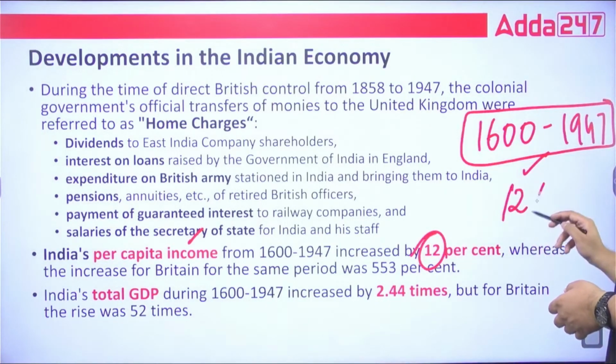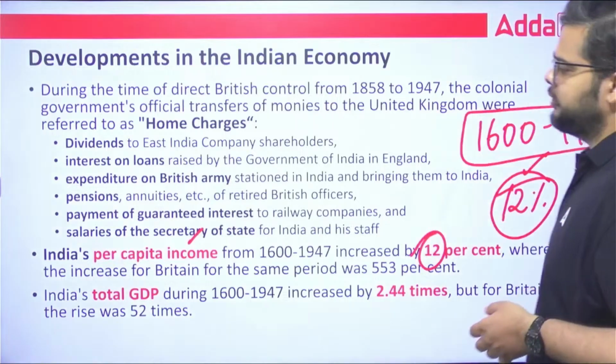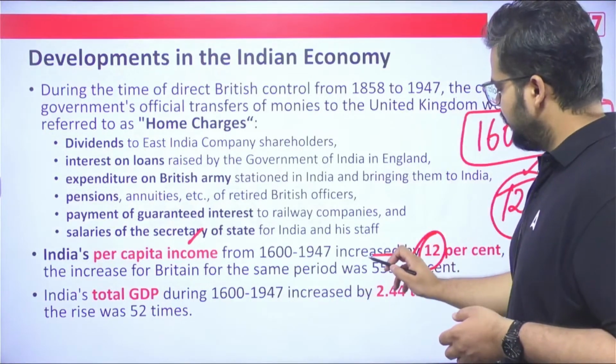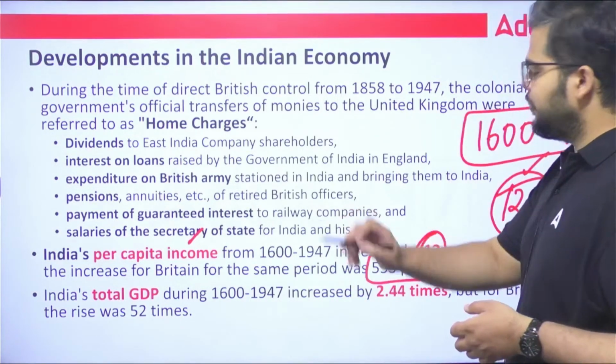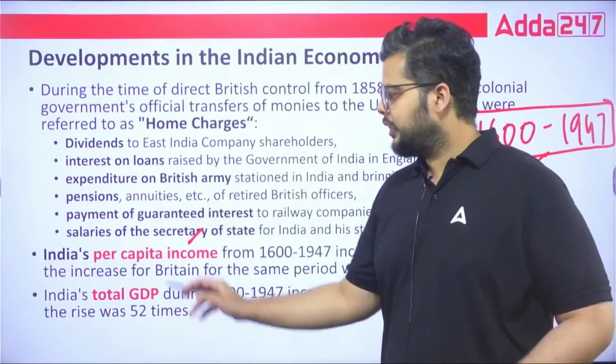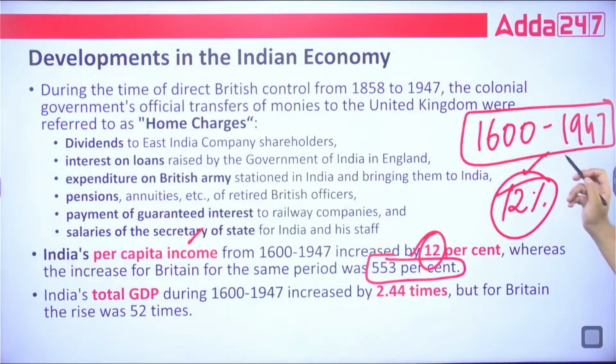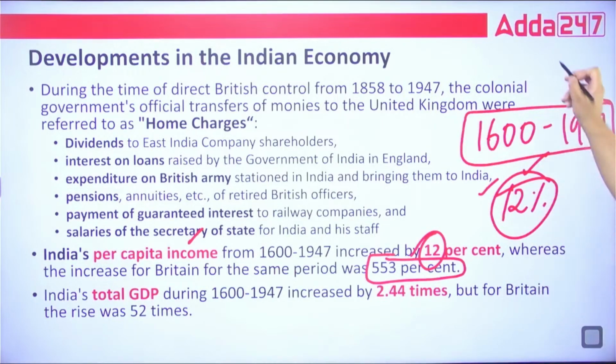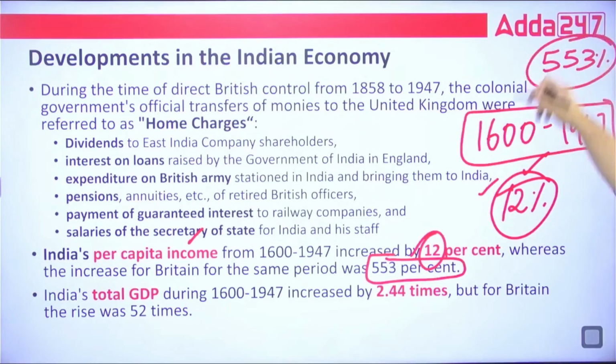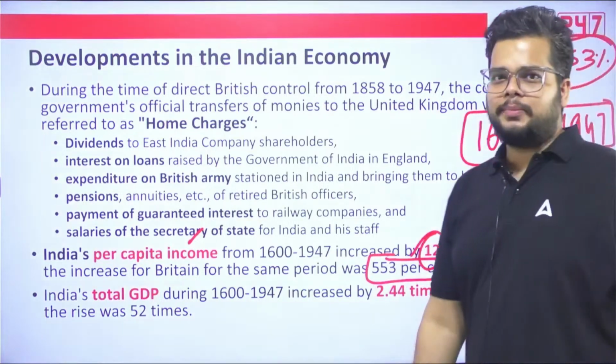But shift your focus towards this number: 553% was the growth rate of the per capita income of the Britishers. So between this time, India's per capita income rose at 12% and the Britishers enjoyed a percentage growth in per capita income of 553%. Huge mismatch, I would say.